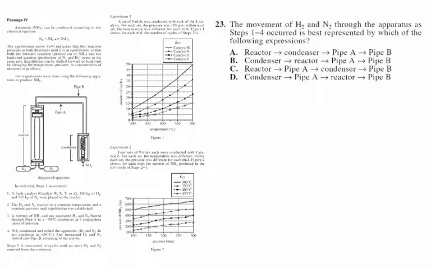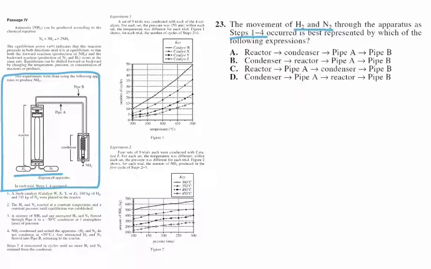Question 23: The movement of H2 and N2 through the apparatus as steps 1 to 4 occurred is best represented by which of the following expressions? So we know it starts here and then it moves through the reactor. So the reactor will be step 1, so we can eliminate B and D. And we can see it ends in pipe B, but it has to go through one of the pipes before it gets to the condenser.